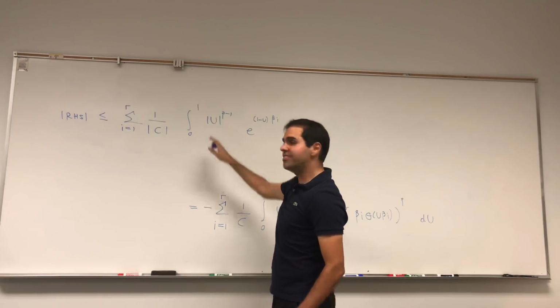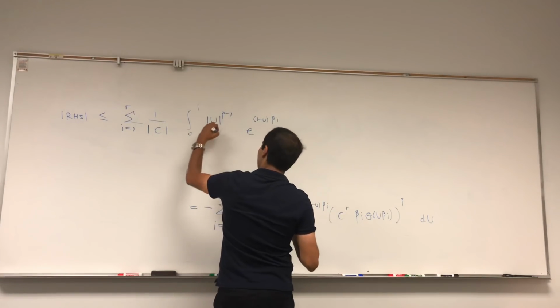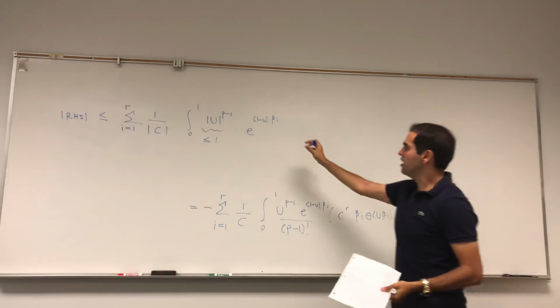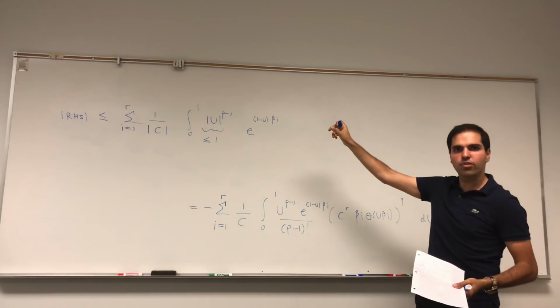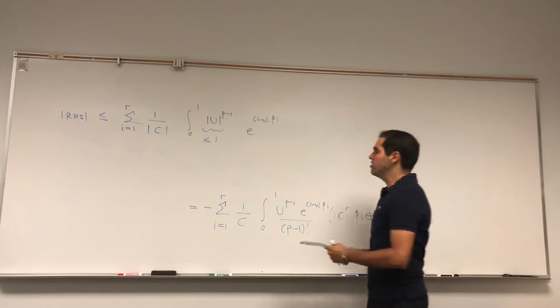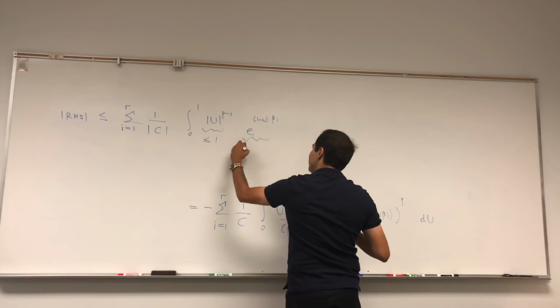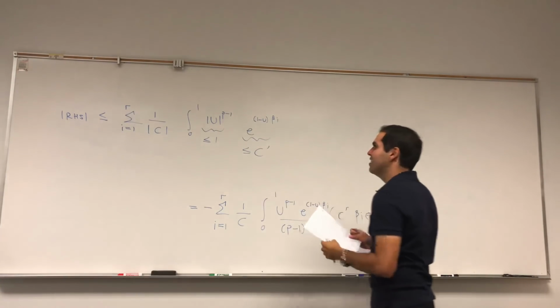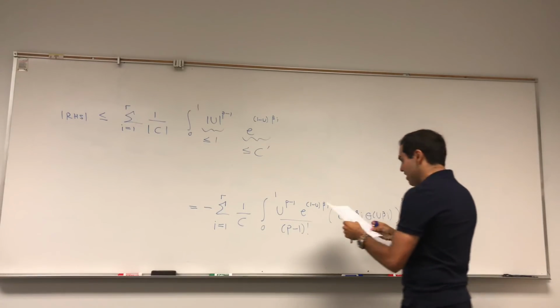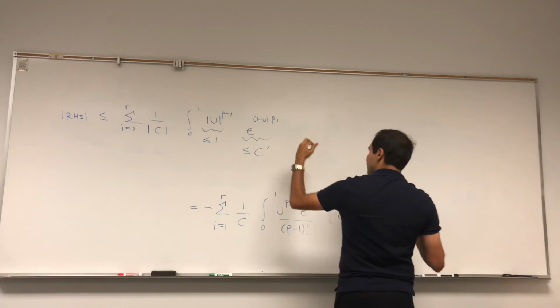Well, u is between 0 and 1, so this whole thing is less or equal to 1. And also, 1 minus u is between 0 and 1, and the beta_i are fixed. So it turns out this is also less or equal to some constant, because they're just finitely many of the beta_i's. And we're left with this thing.